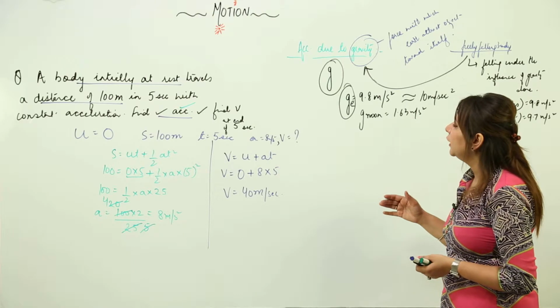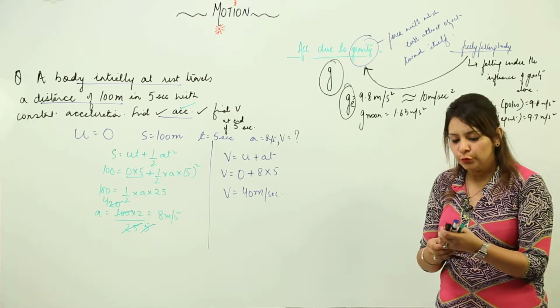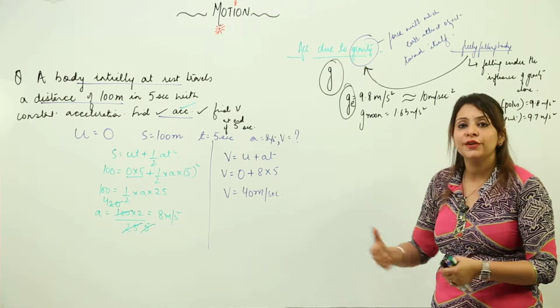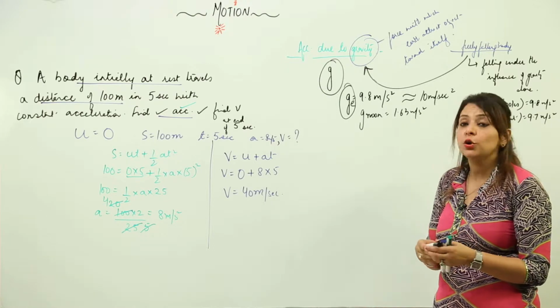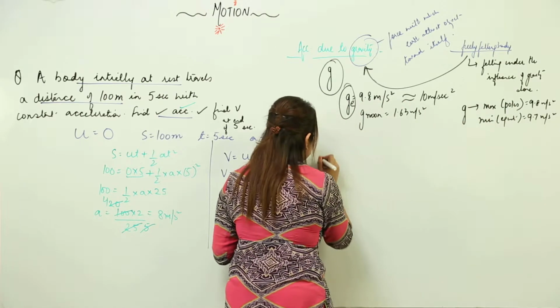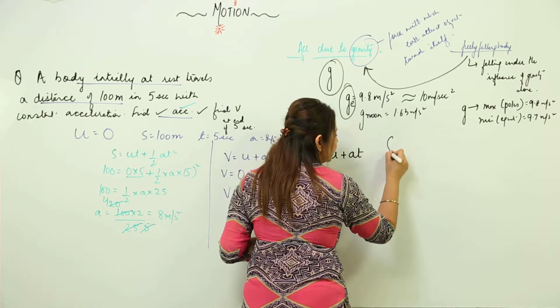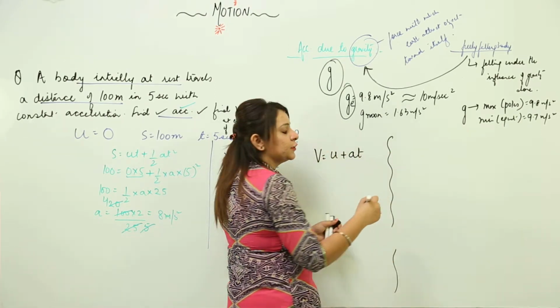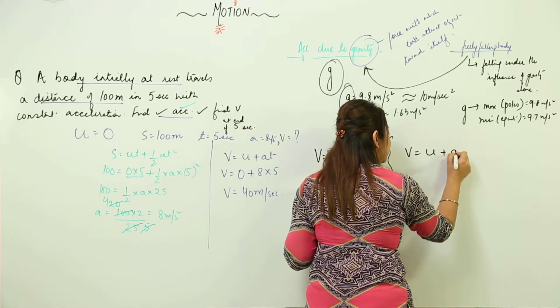Now, if we are using those three equations of motion, and in those equations we involve the gravitational force or acceleration due to gravity, those equations get modified slightly like this. Suppose we have the first equation, in case of acceleration due to gravity, it becomes v is equal to u plus gt.